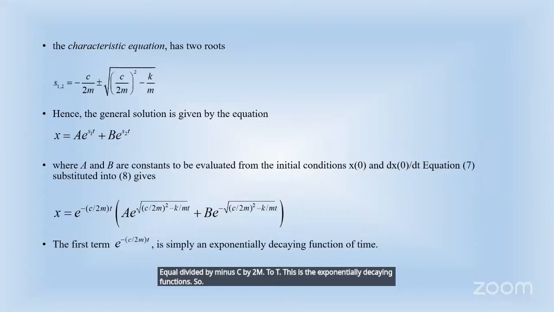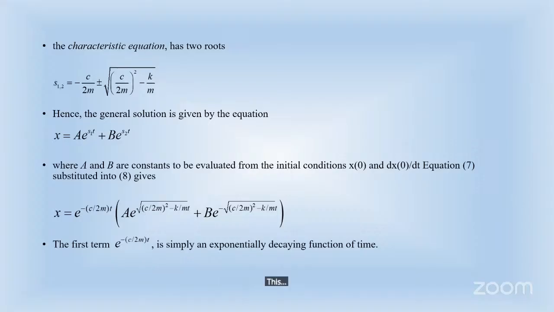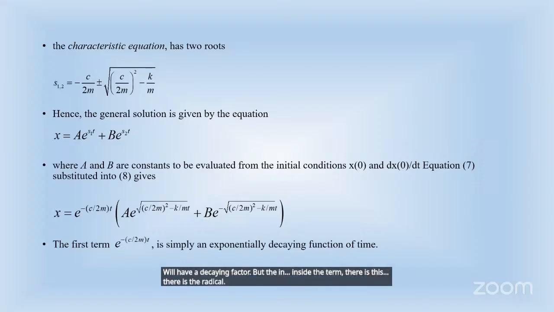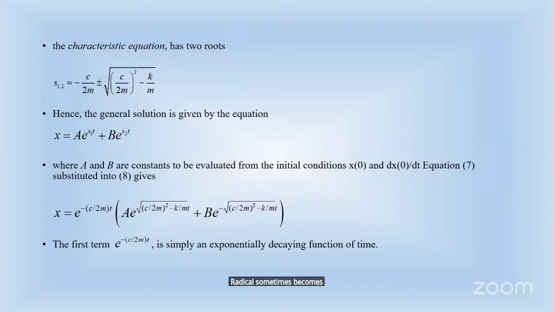So this pattern of the solution x will have a decaying factor, but inside the term there is the radical. The radical sometimes becomes positive, real, sometimes becomes imaginary, sometimes becomes zero.